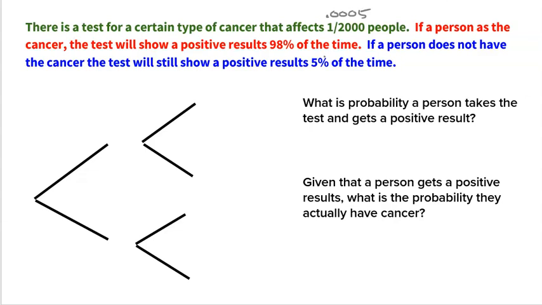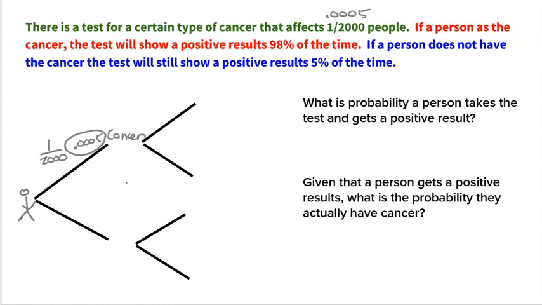All right, if a person has the cancer, the test will show a positive result 98% of the time. So this is a test to try to detect that cancer. So this is where I start thinking, all right, well, let me make a tree diagram. All right, here is my person. They might actually have the cancer. The probability they have the cancer is 1 out of 2,000, or again, 0.0005. There's the probability that you fall in that branch.